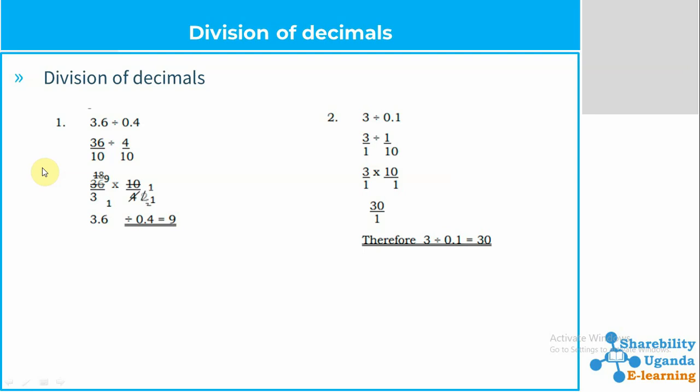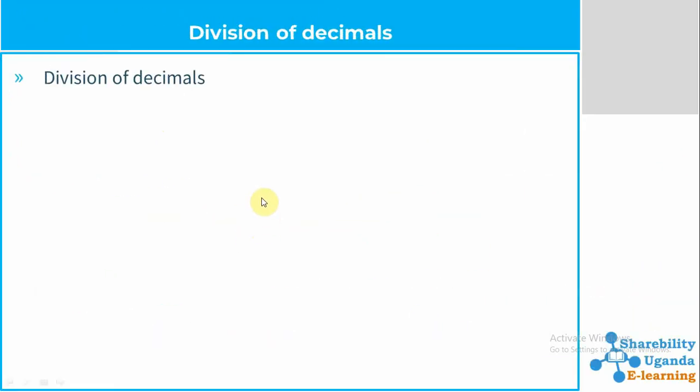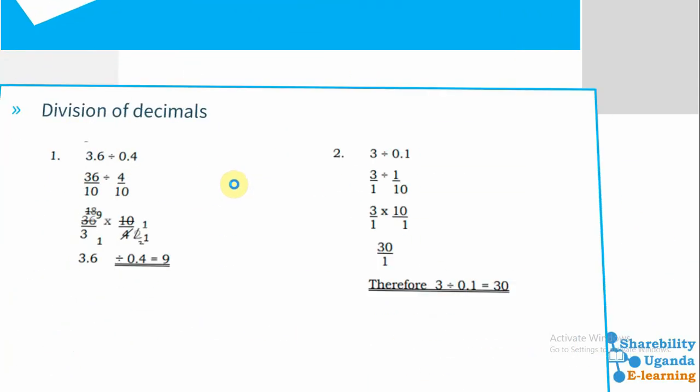This is how the numbers are always given, and these are examples. If we have been given an example like this, how do you come up with the next number?